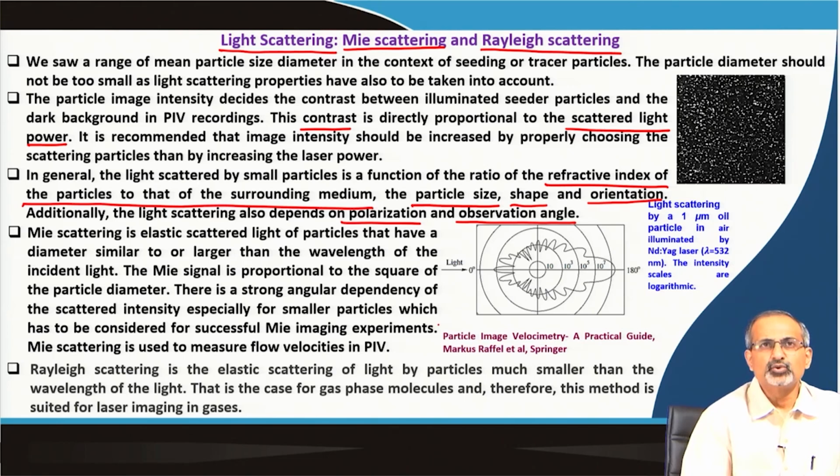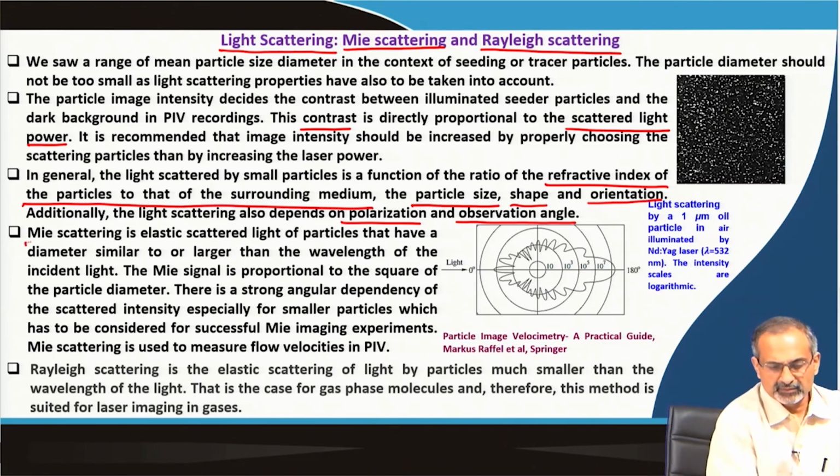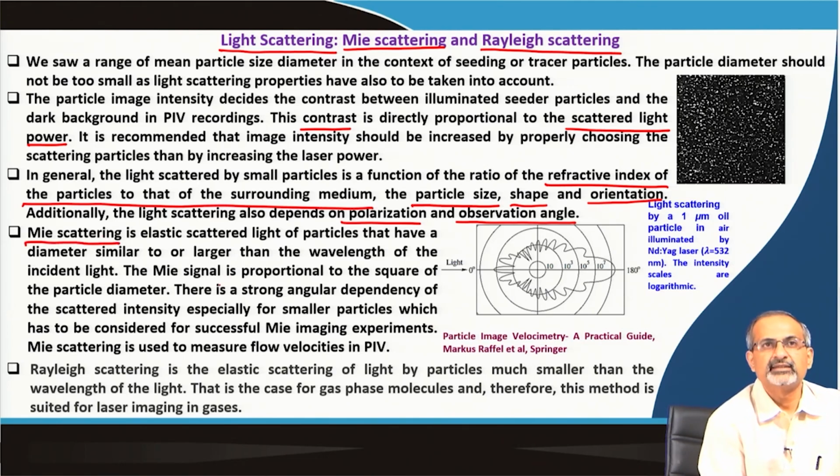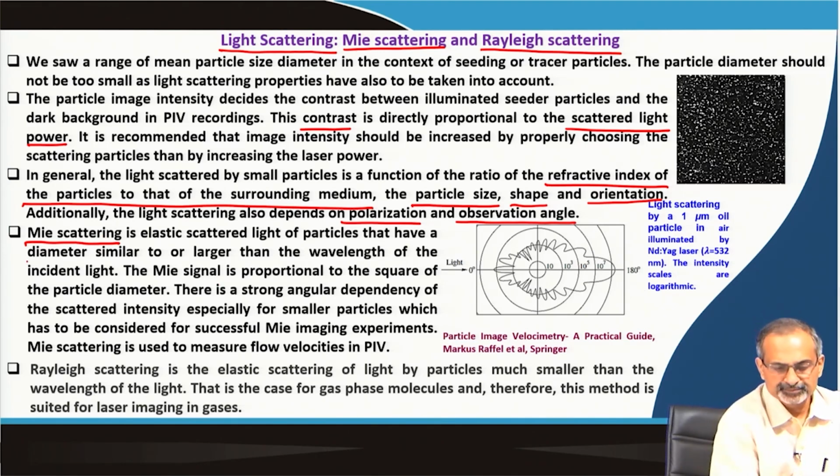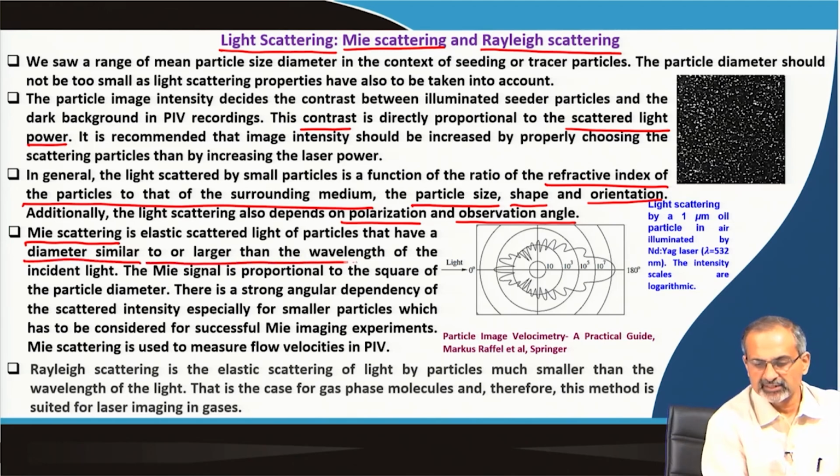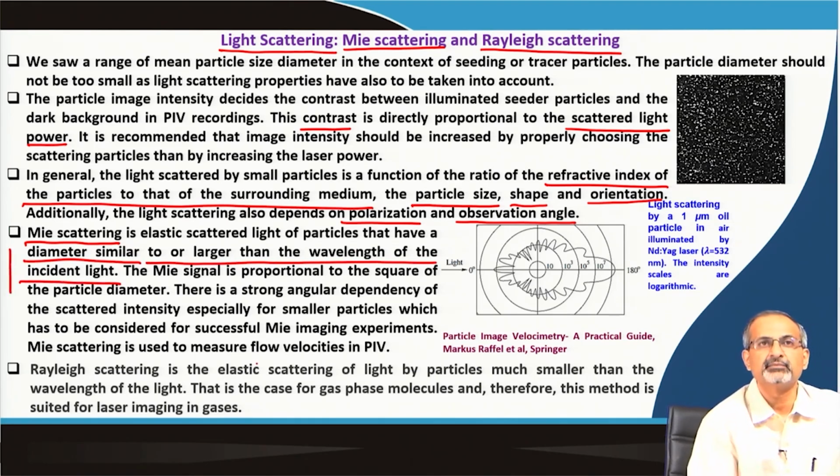Now, coming to the two scattering modes. Mie scattering is elastic scattering of light by particles that have a diameter similar to or larger than the wavelength of the incident light. This is a very important fact which has to be kept in mind. The Mie signal is proportional to the square of the particle diameter.